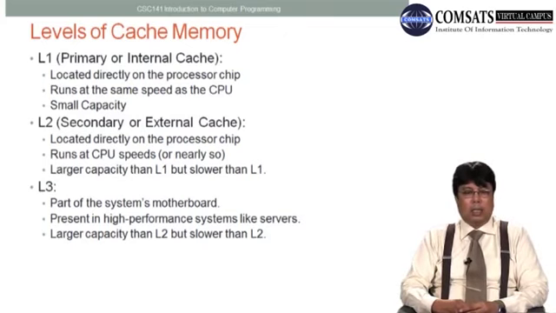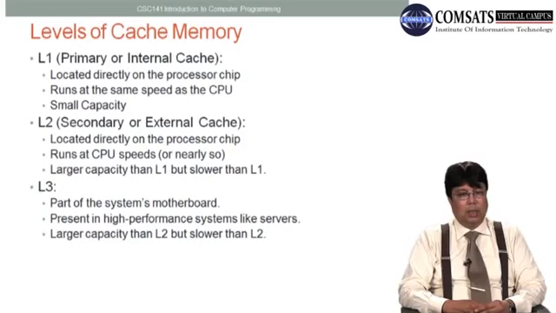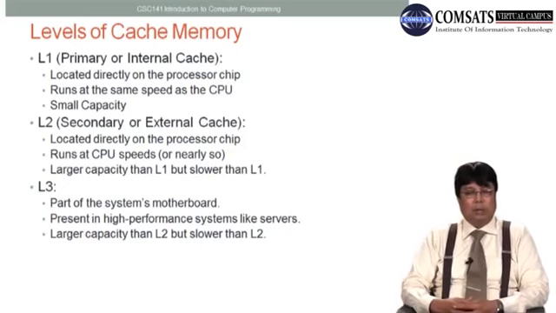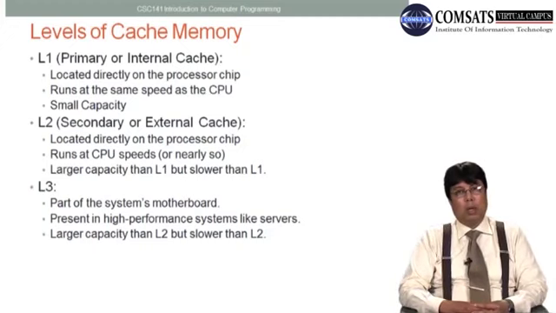That's why the capacity of the L2 cache is usually higher than that of the L1 cache. Then we have L3 cache memory, part of the system's motherboard. As I said, it is located on the motherboard but has a physical connection, a faster bus, a faster data path from the CPU to the memory and memory to the CPU.